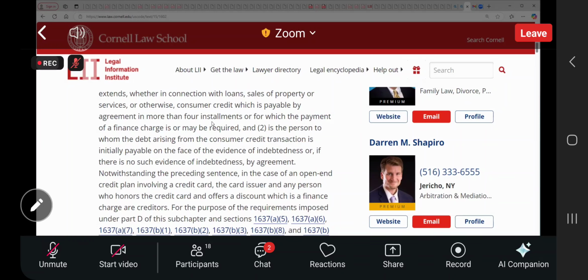After 4 payments, what are they doing after 4 payments? You see it in the code right here. 4 installments, or for which the payment of a finance charge is or may be required, and to the person to whom the debt arises from the consumer credit transaction is initially payable on the face of the evidence of indebtedness.